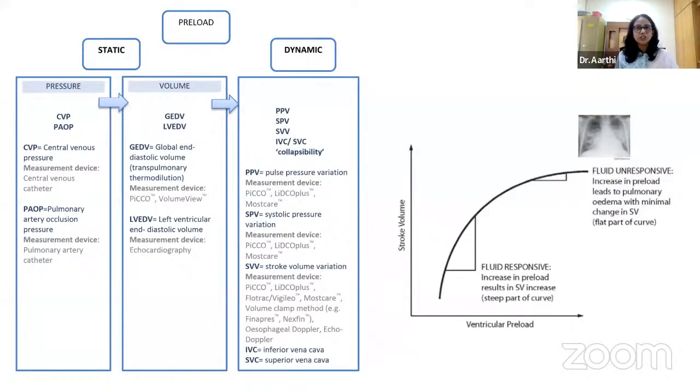These three variations rely on the heart-lung interaction of positive pressure ventilated patients and assess preload predictability. There are certain checklist criteria where these parameters reliably predict the preload and the fluid responsiveness of the patient. So we need to understand in which ideal patients these monitors can be utilized.